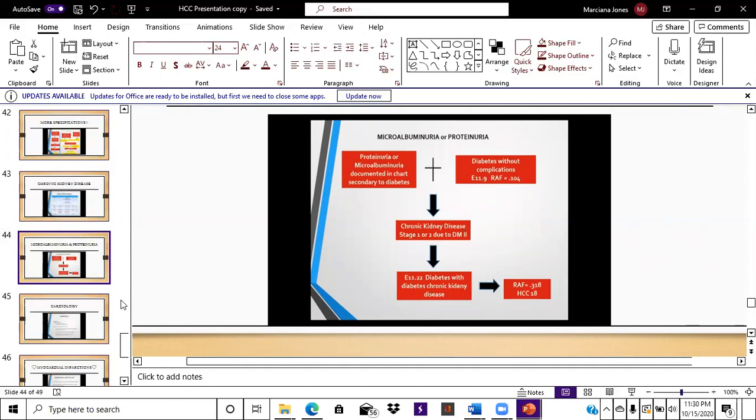And now you can use the E11.22 code, which is diabetes with CKD, and that RAFs to score 18. Anytime you see microalbuminuria and proteinuria, then you're going to say it's secondary to diabetes.